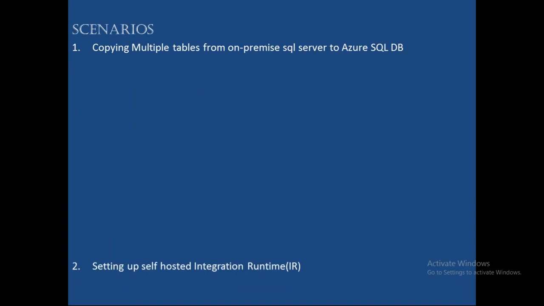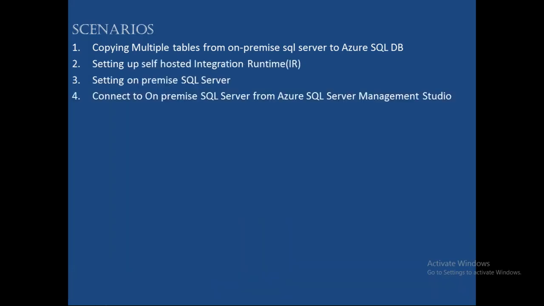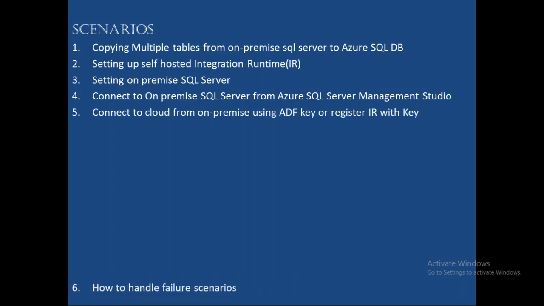Failure scenario means if at all you are copying 5 tables and one table has failed, when I run the pipeline the second time, it should pick only the failed table and rerun that particular table, but I don't want to run all the tables again. So we are going to see how to handle failure scenarios. Next, how to load only failure tables from the second execution. So from the second execution, it should pick only the failure tables instead of picking all the tables.